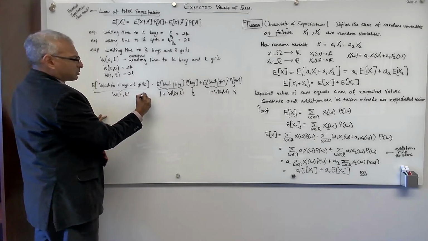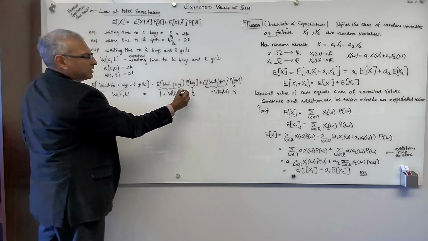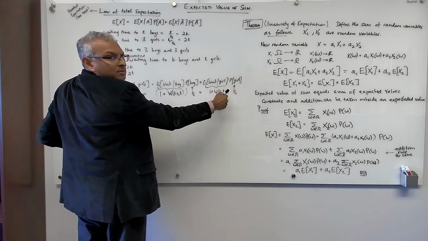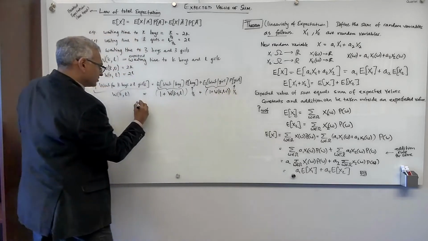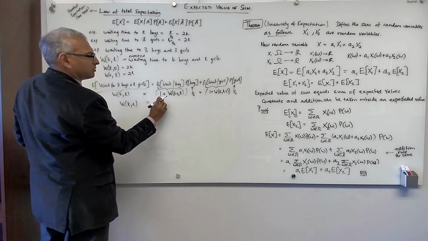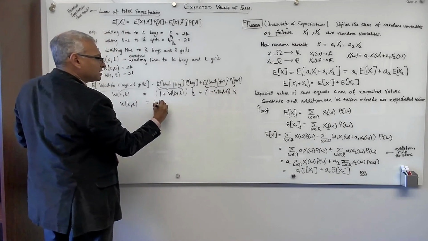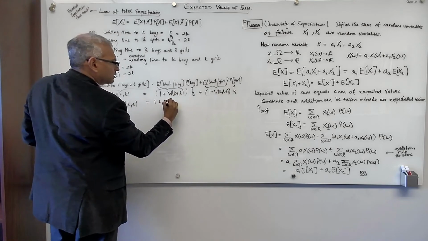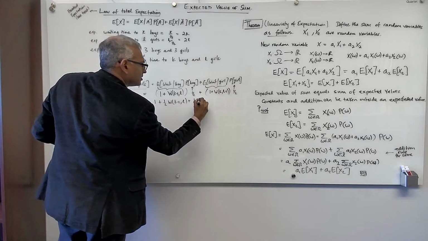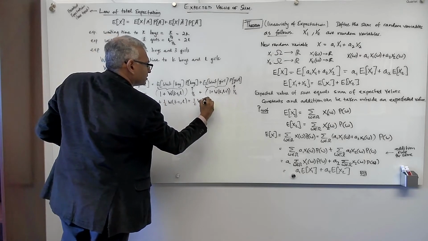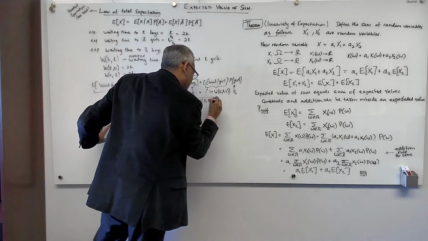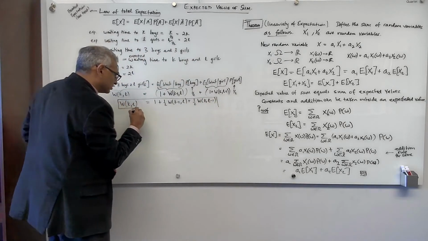W of K and L is equal to 1 plus W of K minus 1, L times a half, plus 1 plus W of K, L minus 1 times a half, which is equal to 1 plus 1 half W of K minus 1, L plus 1 half W of K, L minus 1. Bam! That's it. There's our build-up recursion.